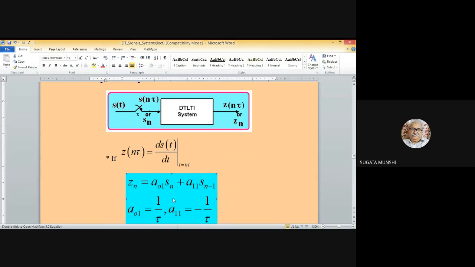So this is the backward difference relation. Next, consider as if the DT-LTI system is such that it performs the second order differentiation of s(t) at every sampling instant. So z(n tau) represents the second derivative of s(t) at every sampling instant n tau. Then how will z[n] and s[n] be related under such a condition?